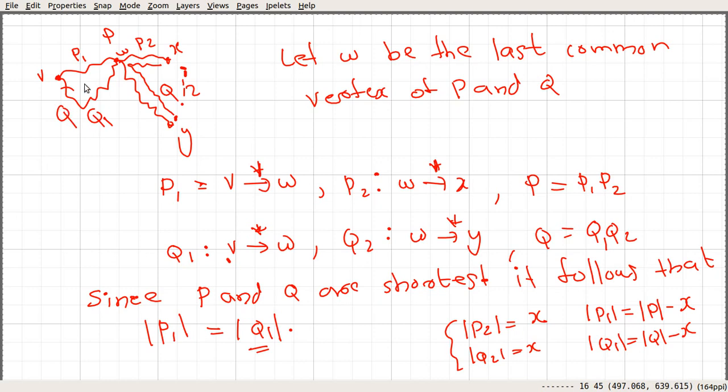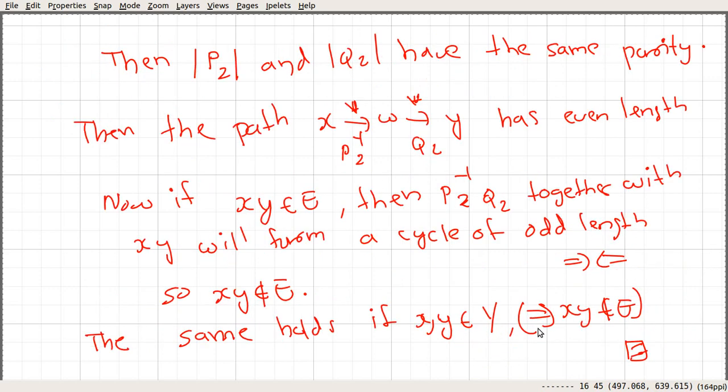So that will violate our assumption, and because of that reason, p1 and q1 have the same length. Or generally, p1 and q1 have the same parity: either the lengths of p1 and q1 are both odd, or both even. You could go through this and see that is the case.